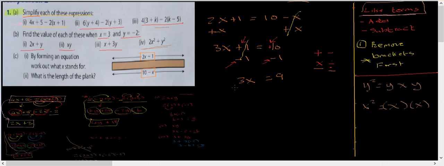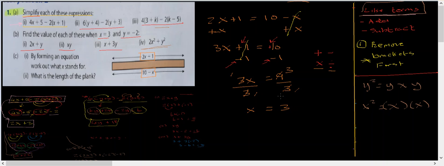So we divide this term by 3, and we have to divide this term by 3. 3 goes into 3 once, and 3 goes into 9 three times. So x is going to be equal to 3.